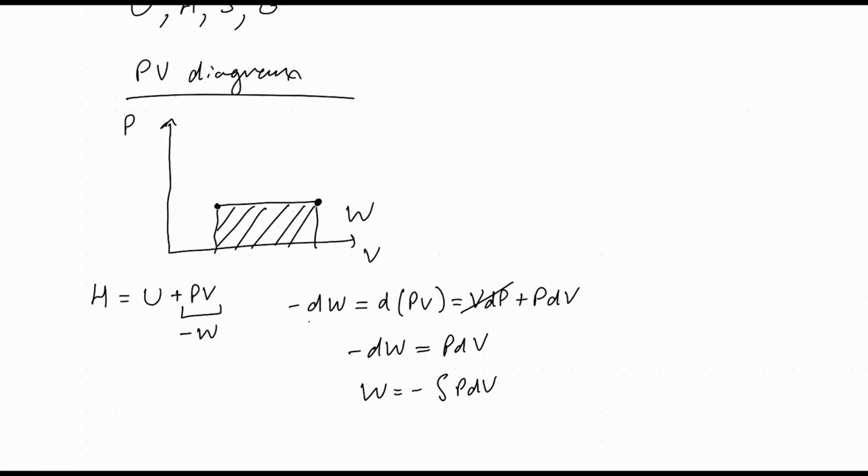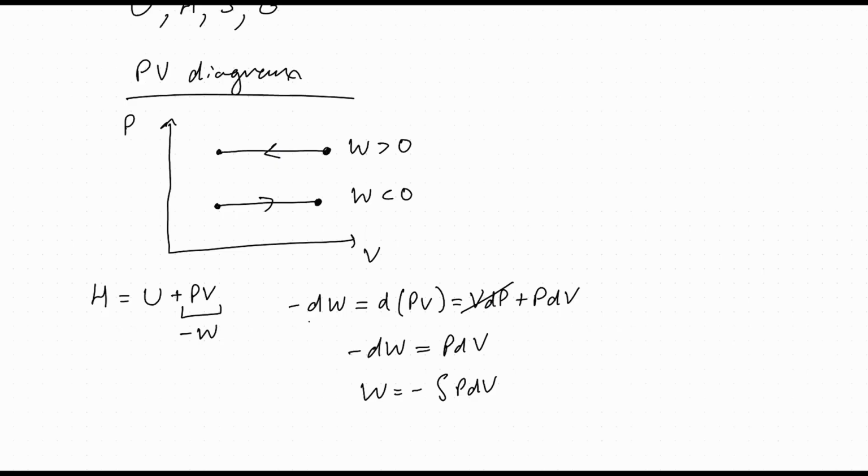If I were to go from left to right, which is an expansion, I'm increasing the volume at constant pressure, then work is negative. And vice versa. If I have it going the opposite direction, a contraction, work is positive. And so PV diagrams are very useful because they allow us to graphically visualize the amount of work that's being done by the system.